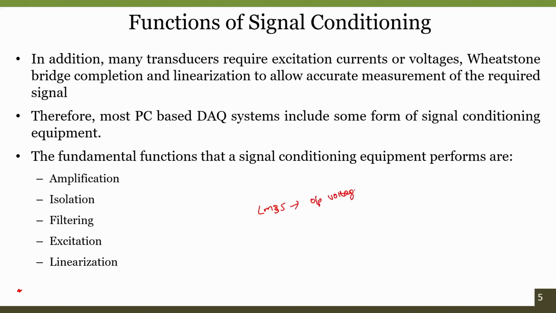But we have also seen all the sensors need not give an output in terms of voltages. For example, if you consider RTDs, for example PT100 will give an output in terms of resistance change. Thermistors also give output in terms of a resistance change. That means any change in the temperature will change its resistance.